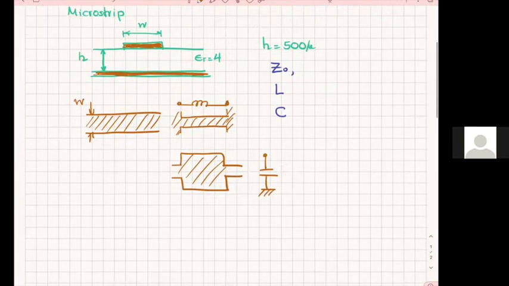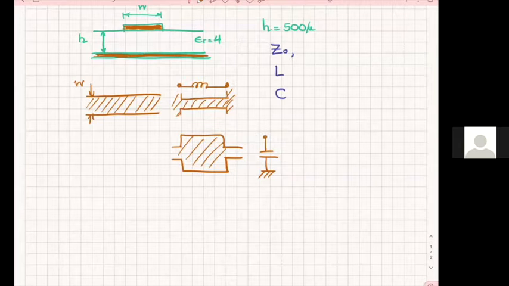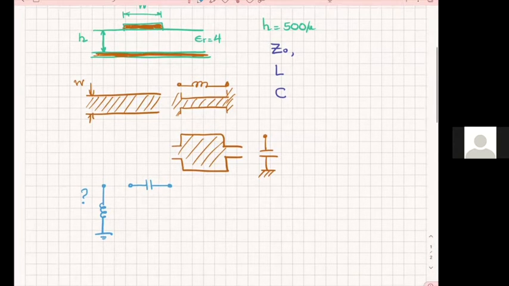What happens if I have a shunt inductance now, or a series capacitance? What do I do with those? For an L alone, it's very difficult to do a shunt inductance alone.